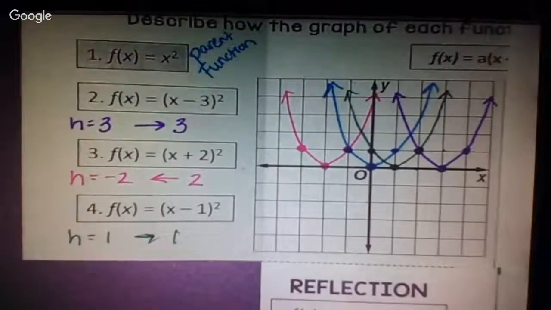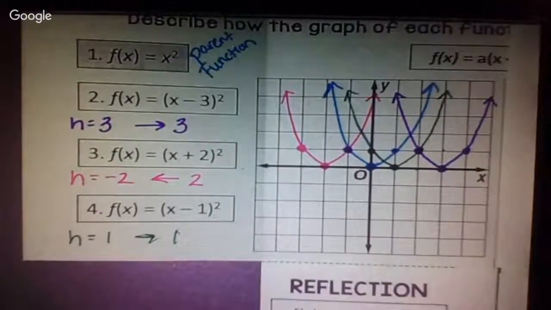All kinds of crazy. So again, inside with the x, it moves it along the x-axis. So it moves it left to right. And again, always opposite. Okay. All right. So we have a horizontal translation, which is left and right.